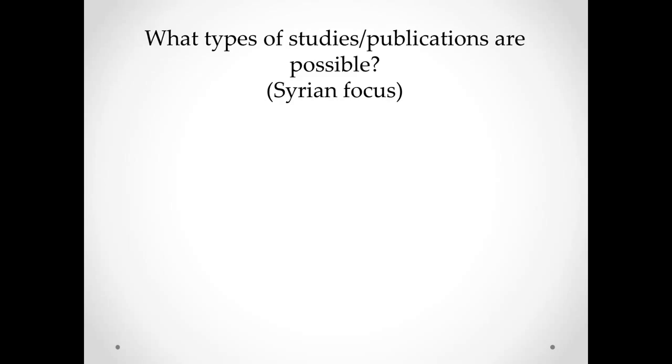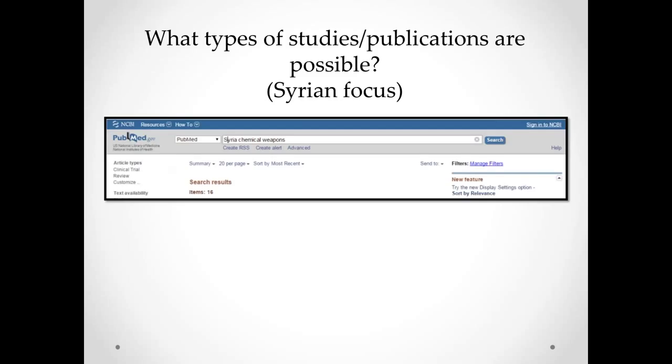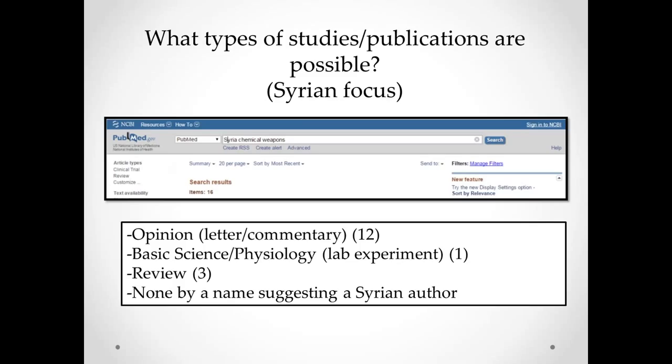With a Syrian focus, if you type in PubMed Syria chemical weapons, just these 3 words, you get 16 hits. These 16 hits also fall in the same categories that I described earlier. You have opinion pieces, which are letters to the editor or commentaries, 12 out of these 16. You have a basic science or physiology lab experiment in 1 example, and then you have 3 review articles.